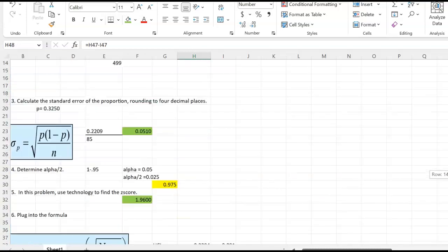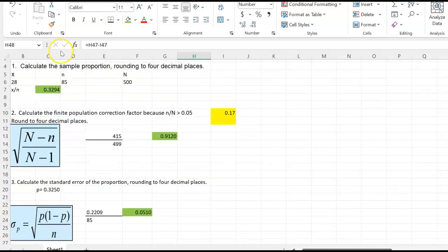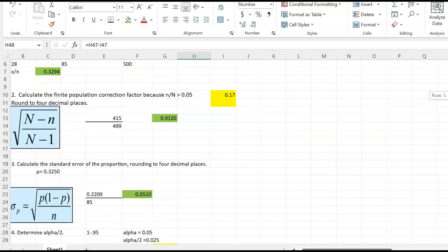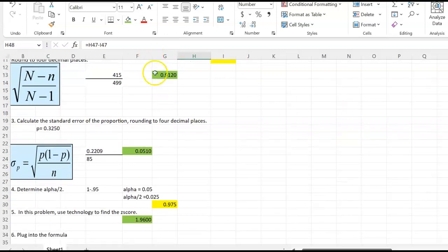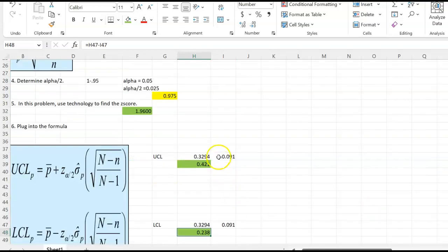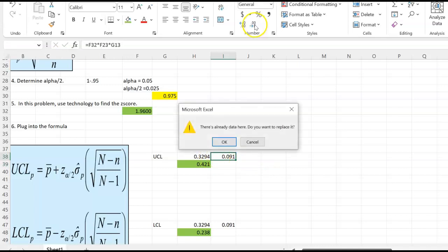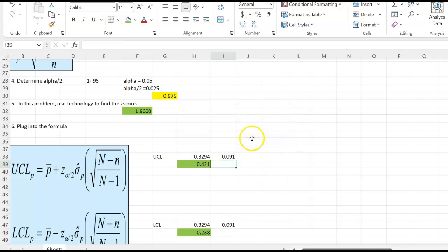So that is the last 3 green. If you multiply those 3 together, you would get 0.091. And I'm going to go ahead and round that to 4.